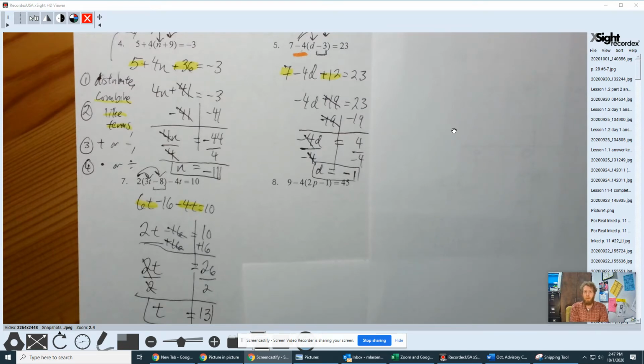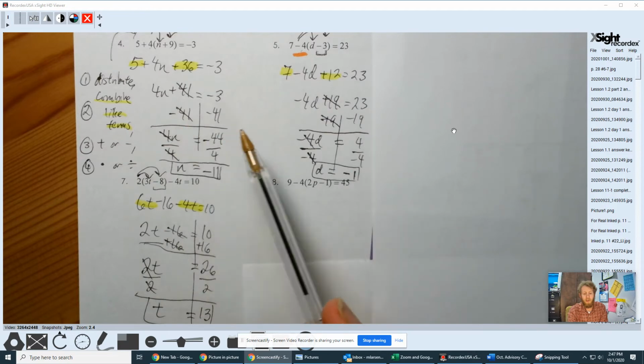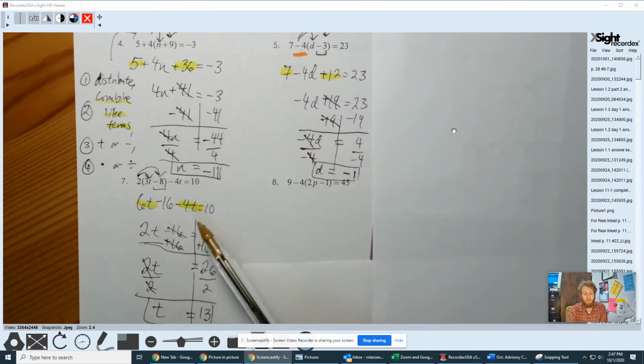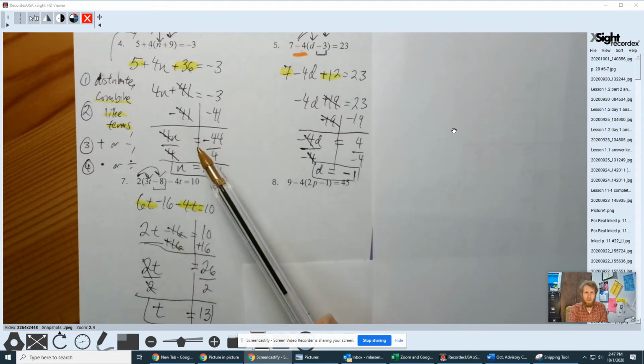Once I combine them, then I'm ready to go and do the normal steps that I've been doing all along. I can go back and I can add or subtract, whichever needs to happen here. And then each of these cases showed how to divide.